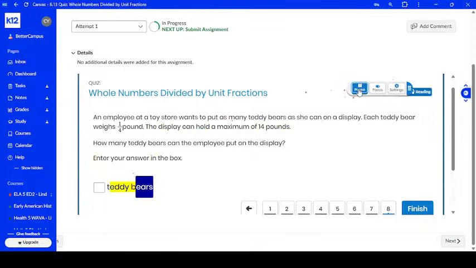Teddy bears. Sorry about that. What is the answer?